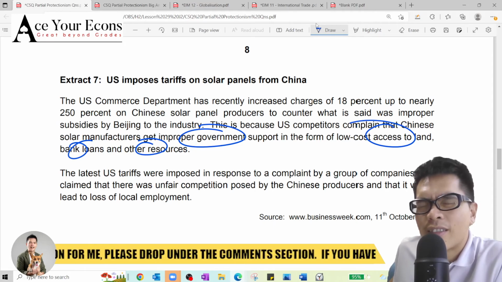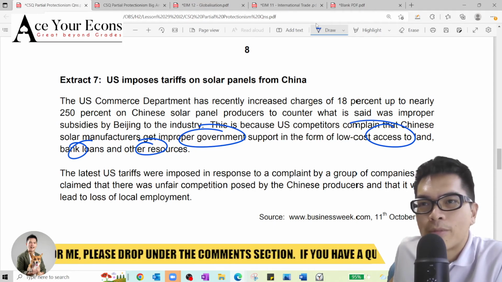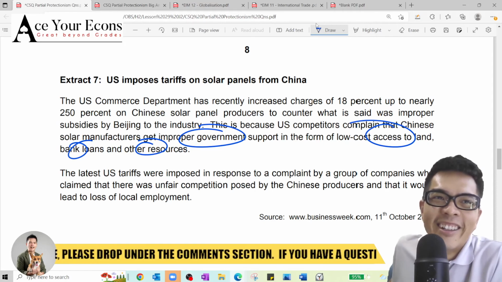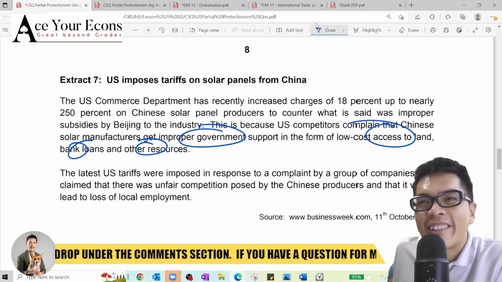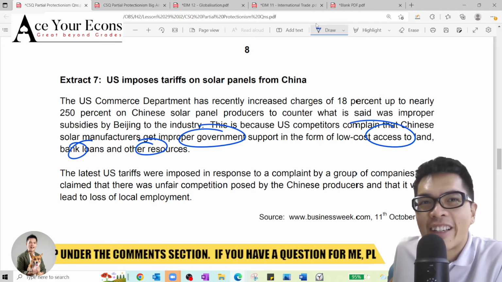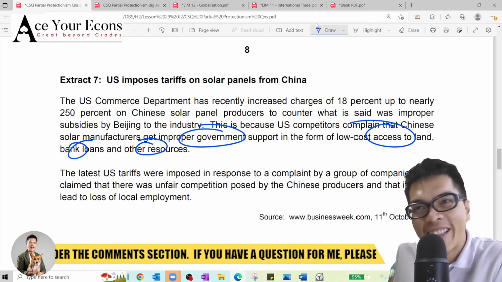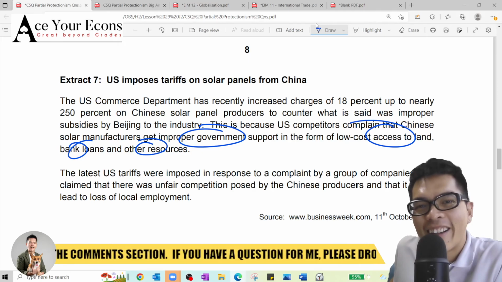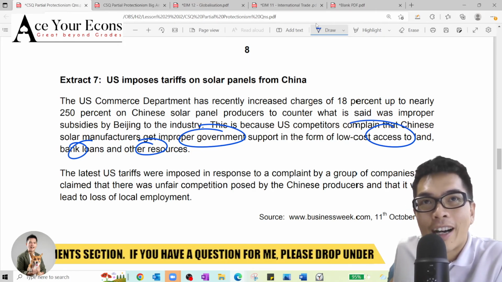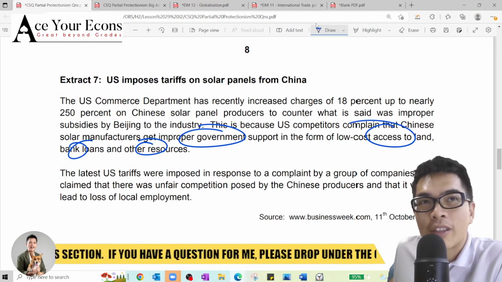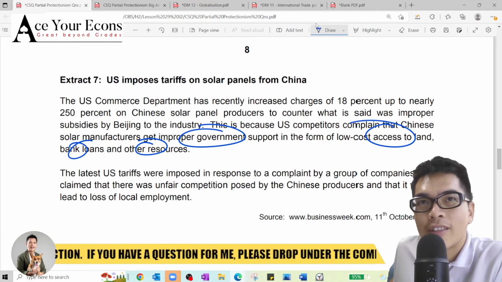Very good, Aiden. But probably it's a verb, not a noun. Thanks. Who else? So far only Aiden got it right. The rest? I covered this under arguments for and against protectionism, the last point.